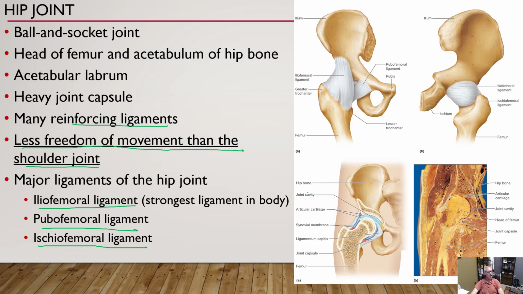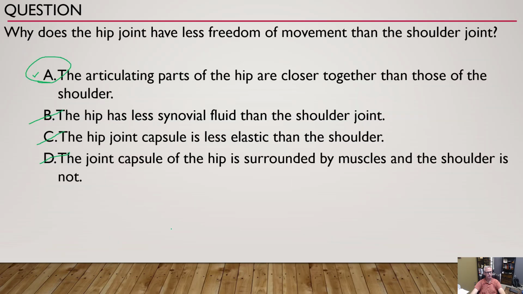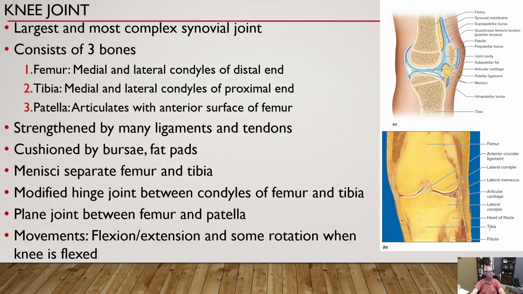But if we look at the ball and socket joint of the hip, the head of the femur goes into the acetabulum, and the acetabulum surrounds more of the head of the femur than the shoulder joint does. So that's another reason why A is the right answer.